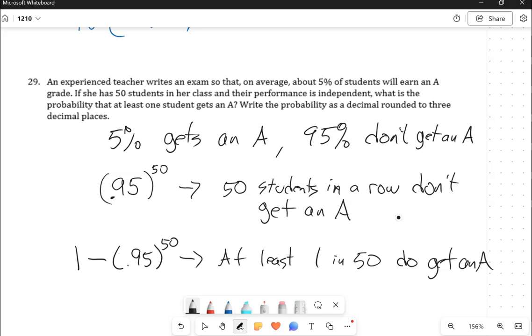So this is how you can build the at least one rule. It's 1 minus, so at least one does, 1 minus they don't, to however many students are involved.